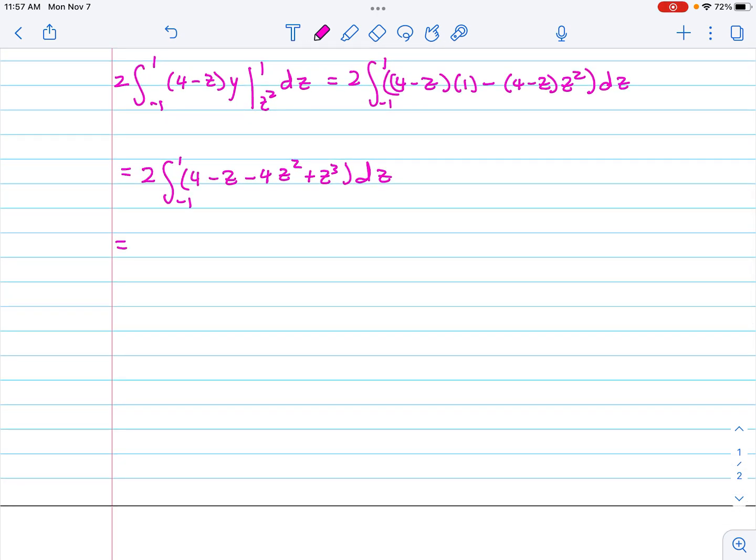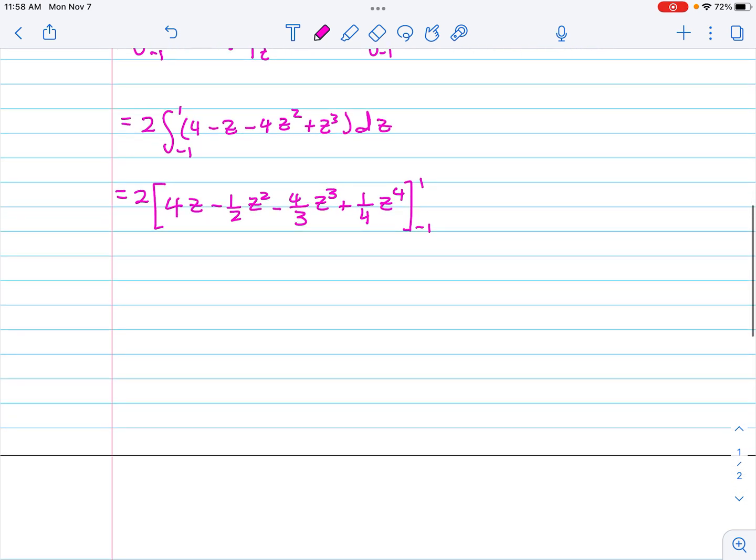Here we go. This is going to be 2. Now I just start integrating. 4z minus 1/2 z squared minus 4/3 z cubed plus 1/4 z to the 4th. And we're going to go from negative 1 to 1. Okay. Almost done.